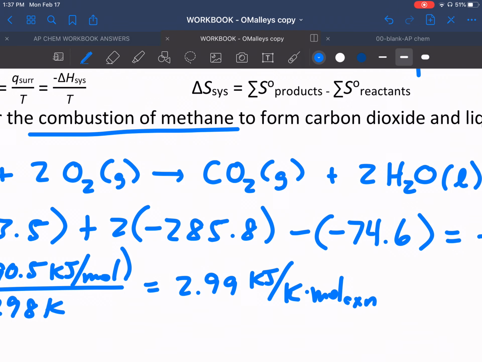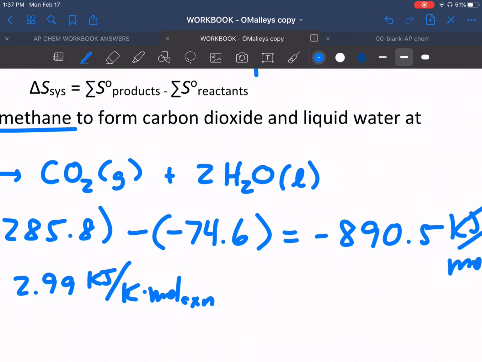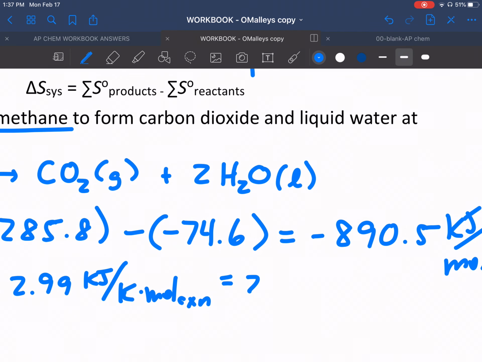I'll put kilojoules per mole of reaction. That's pretty small. I'll turn it into just joules and call it 2990 joules per Kelvin mole.